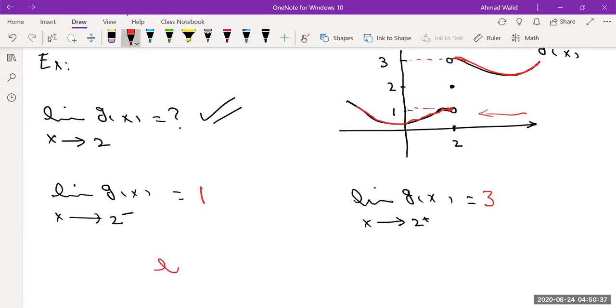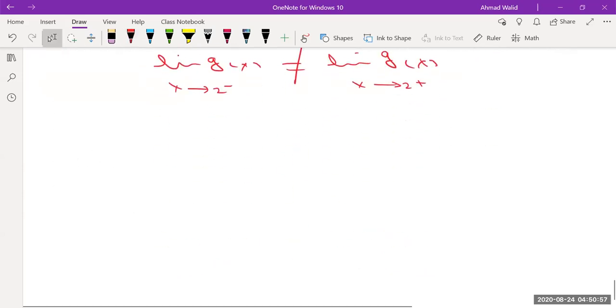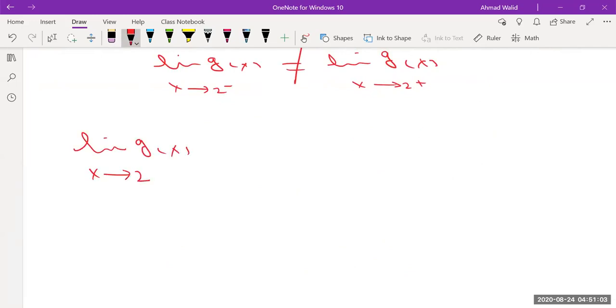Now, question. Are the left-handed and right-handed limits equal to each other? Can I write the limit of g of x as x approaching to 2 from the left is equal to the limit of g of x as x approaching to 2 from the right? No, they are not equal. And if they are not equal, what is the answer to my question, which asks me to find the limit of g of x as x approaching to 2?